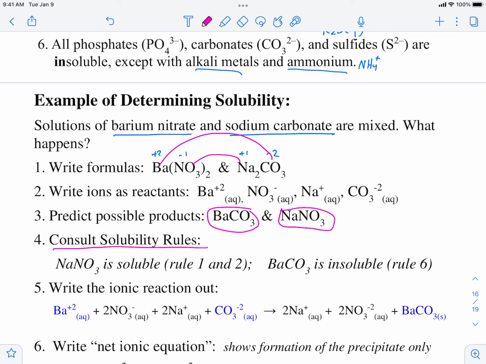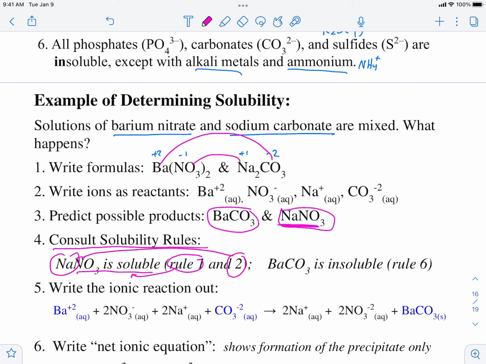And so if we go through this and say, all right, NaNO3, is NaNO3 aqueous or is it a solid? You check your rules. Rule 1 says all nitrates are soluble. Rule 2 says all sodiums, all alkalis, are soluble. So this is soluble according to both rules. All it would need is one rule, by the way.